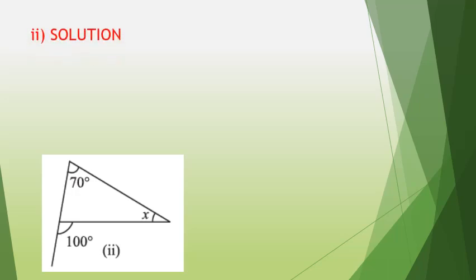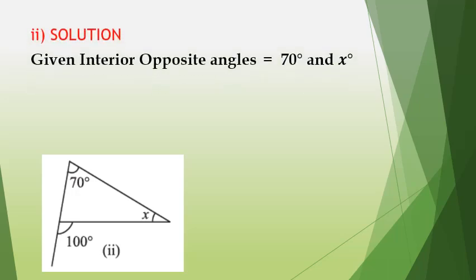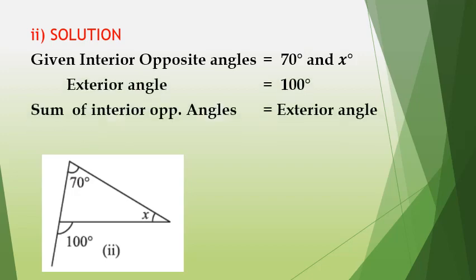Next, question number 2. Given interior opposite angles are 70 degree and x degree. Exterior angle equal to 100 degree. Sum of interior opposite angles equal to exterior angle. Therefore, x plus 70 equal to 100, or x equal to 100 minus 70 equal to 30 degree.